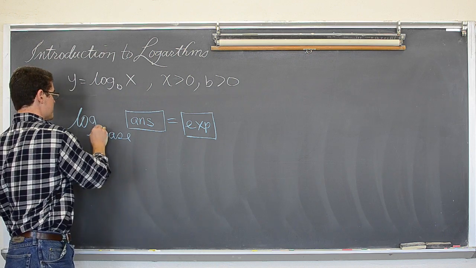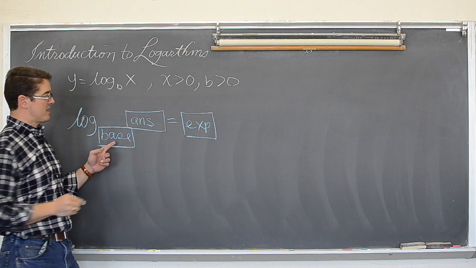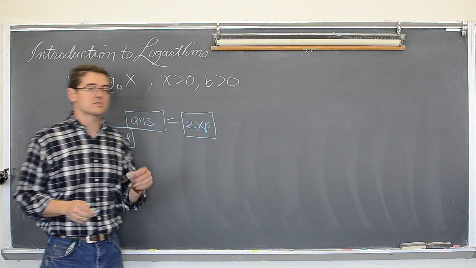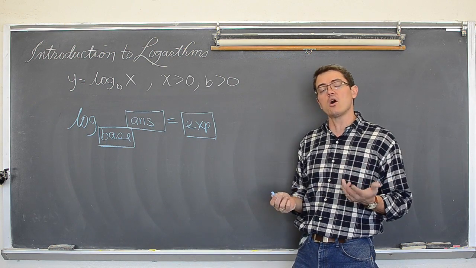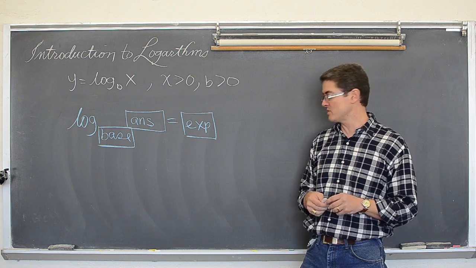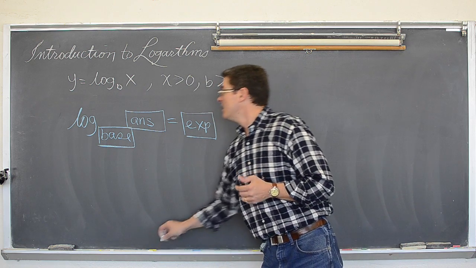So let's use this pattern, and please put your bases down here as a subscript. Don't make it all in the line because it's going to look like multiplication, or you might be doing log base 2 of 8, and it's going to look like log of 28, which is going to be incorrect, and it'll confuse your teacher and yourself.